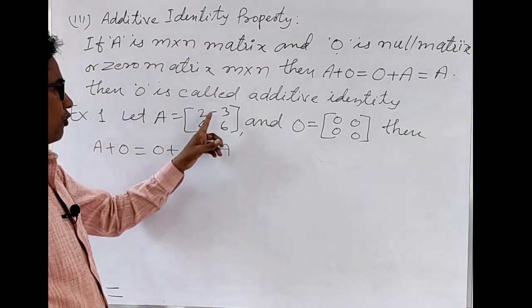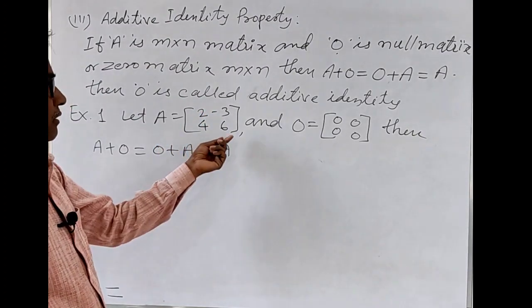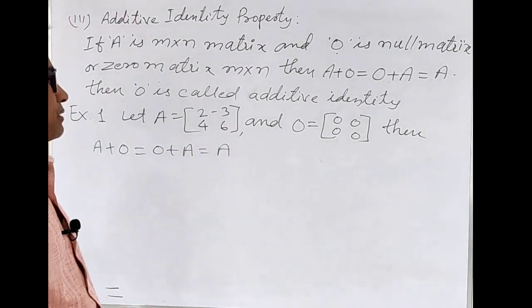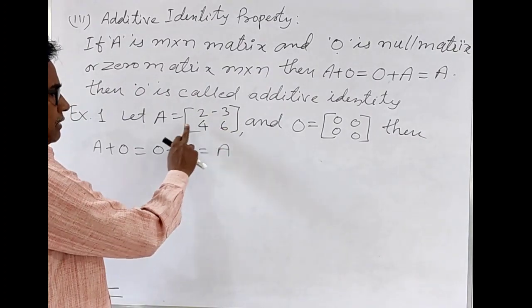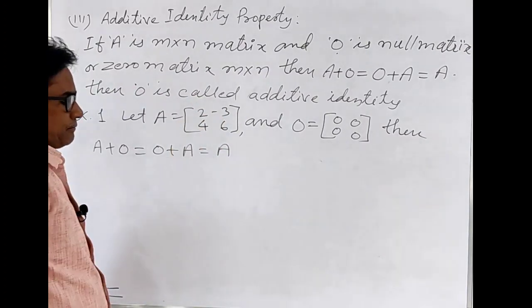A is equal to 2 minus 3 4 6. That means 2 cross 2 matrix. 2 rows are there and 2 columns are there.